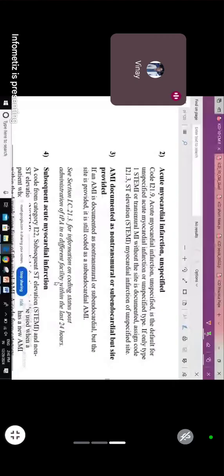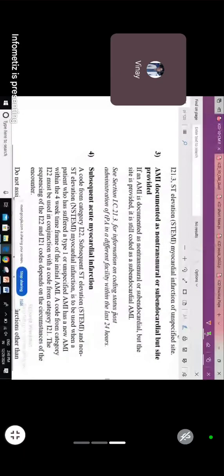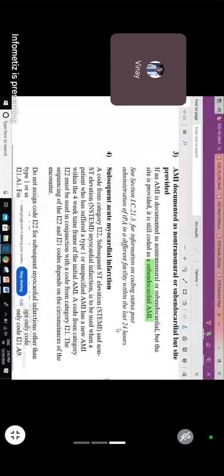If it is not specified as STEMI or STEMI type 1, type 1A, type 1B, then I-21.9. If an AMI is documented as non-transmural or subendocardial, but the site is provided, it is still coded as a subendocardial AMI. That is okay.